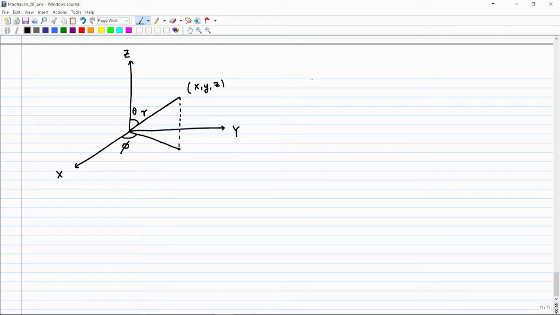So, what are the definitions? Clearly, r is equal to the square root of x squared plus y squared plus z squared. Now, if you just drop a perpendicular onto the z axis, this is the z coordinate. Now, if you want to calculate the x coordinate, you can do it through these two steps. First, you drop a perpendicular on the x y plane, then you project onto the x axis. So, this is the x coordinate, this is your y coordinate.